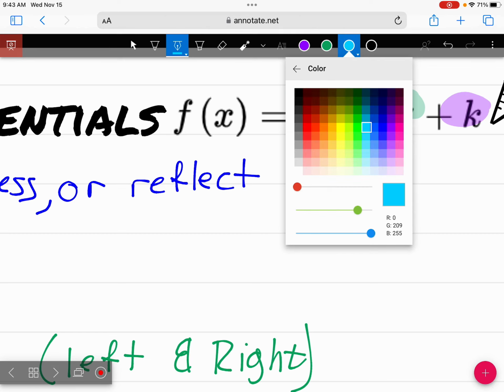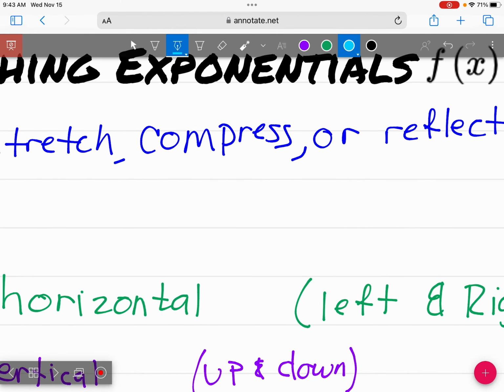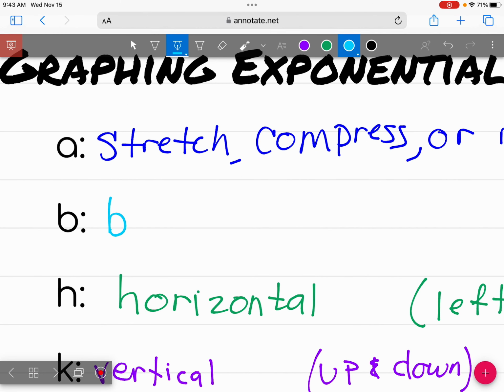I guess. Okay, so B is our base. And for the most part, it doesn't do a whole lot. But you can also think of it as when we have our fraction base, it does a y reflection. So if it is 1 over 2, it's the same thing as 2 to the x with a y reflection.